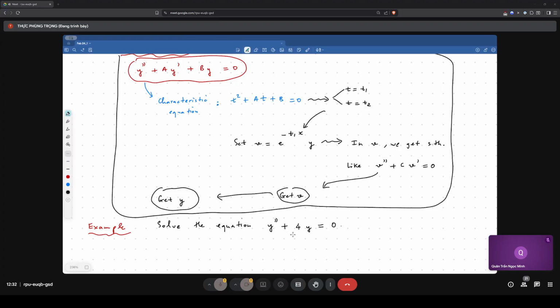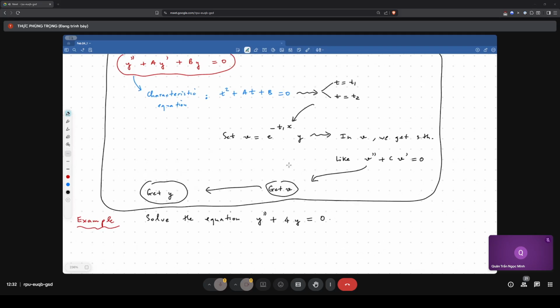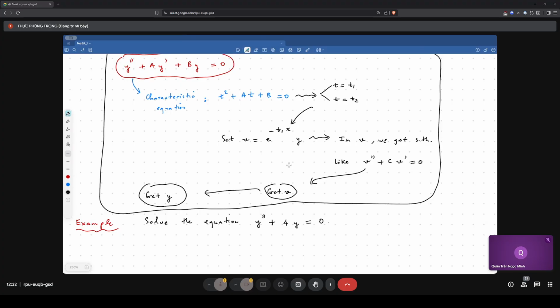In order to solve this, we go through this idea and see whether it gives us solutions. So let me put an answer to the question. First, I look at the characteristic equation.